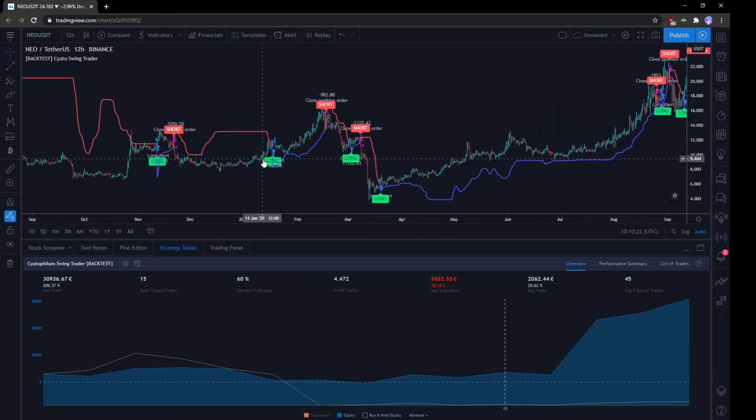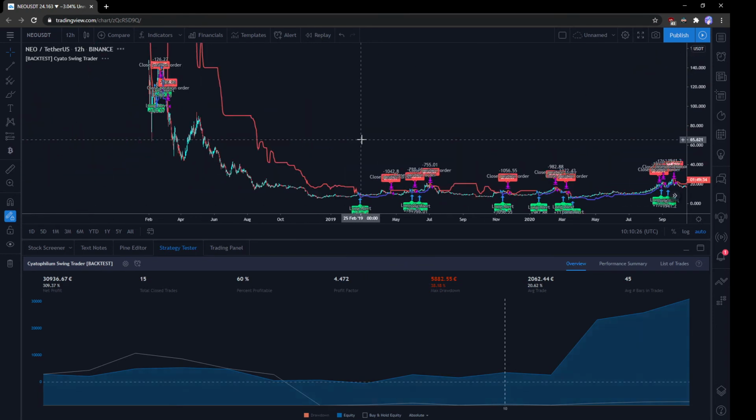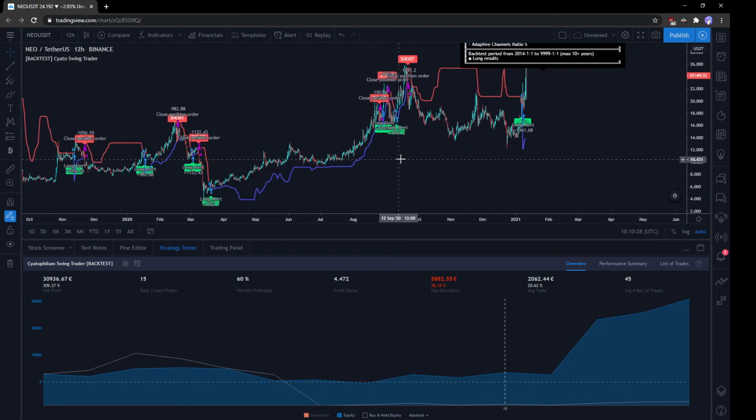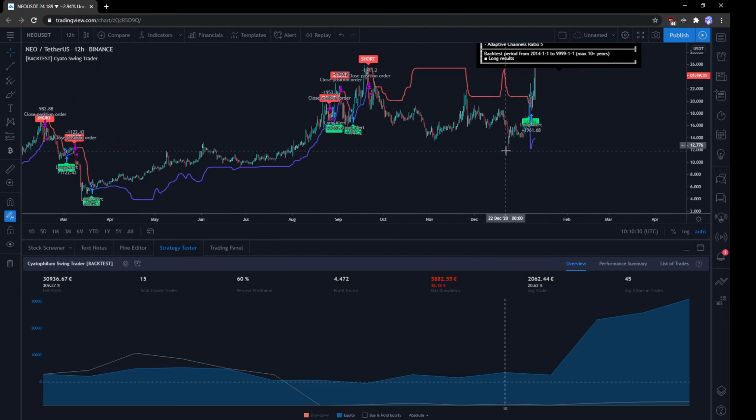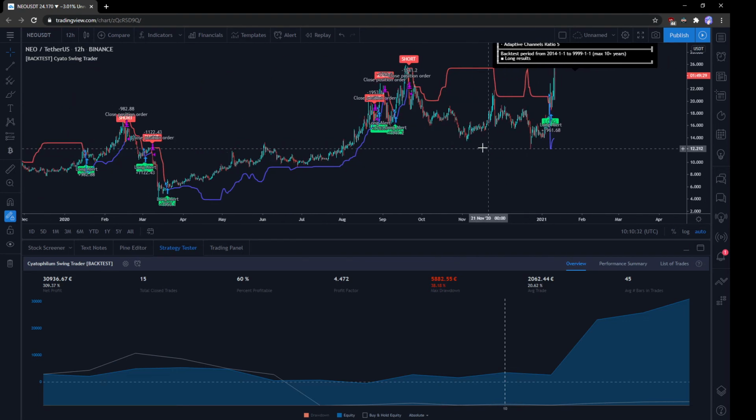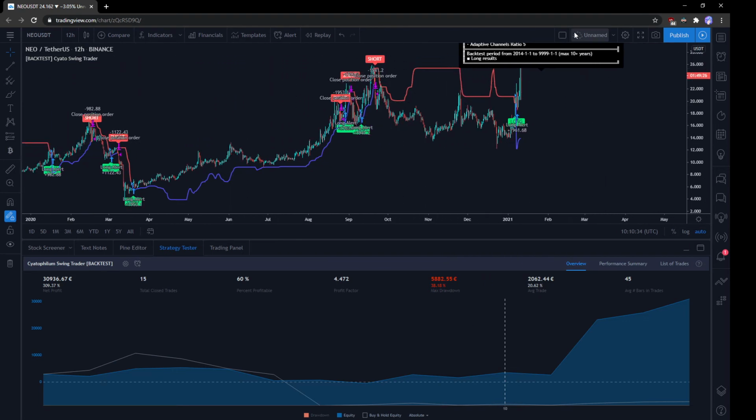It's going sideways and making waves like this. It's not really trending. So I'm going to save the chart and come back to it later.